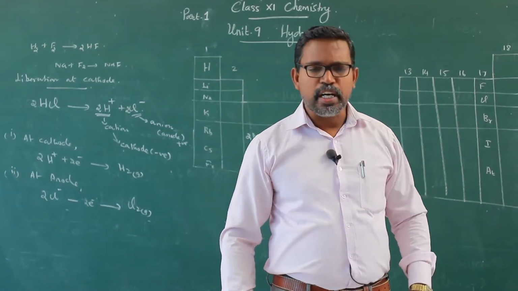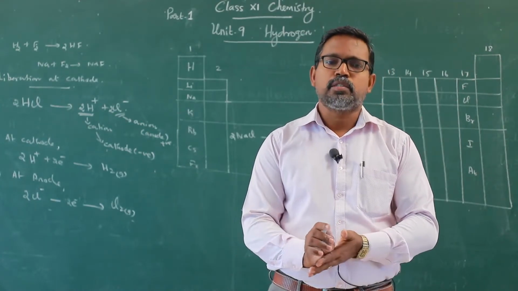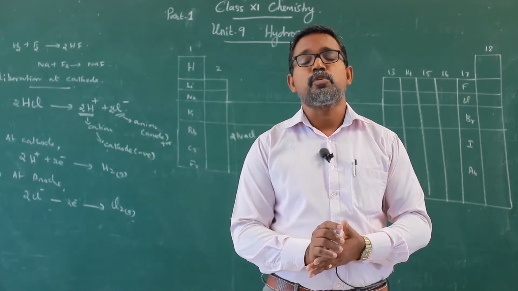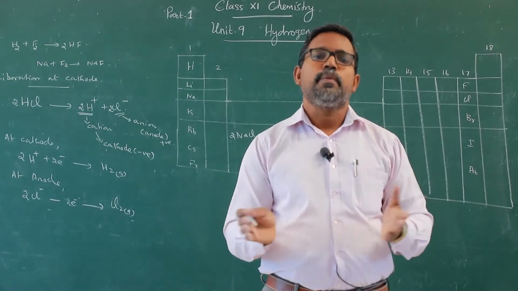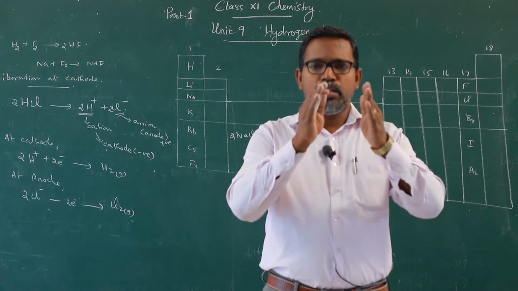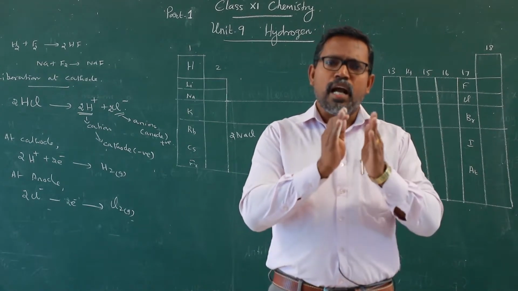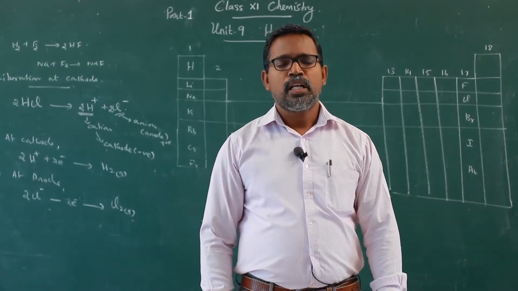And also as a reducing agent, hydrogen acts as a reducing agent with boron trioxide. Suppose boron trioxide reacts with hydrogen, it liberates boron as the product. So, in all these respects hydrogen resembles the alkali metals.